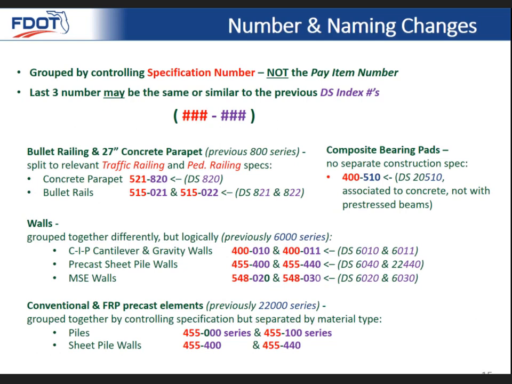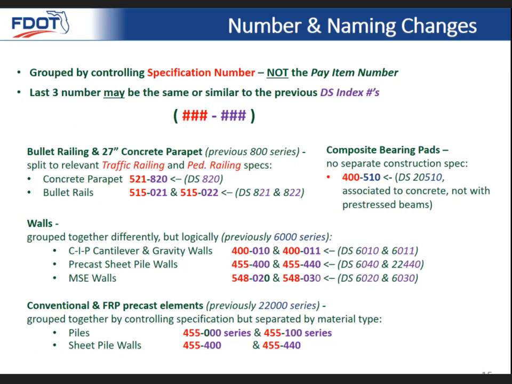And then finally, there are some of the pre-stressed elements as we begin developing composite reinforced products, or FRP, fiber reinforced polymer. We have 2 standards right now for the bearing piles for bridges and the sheet piles that contain both carbon pre-stressing and stainless steel that were previously separated under a 22,000 series.